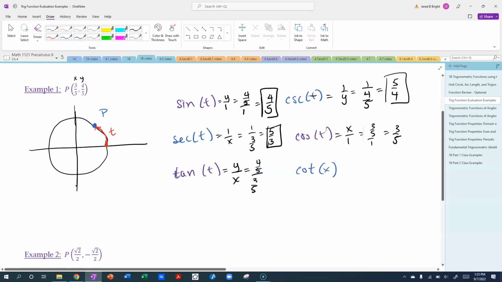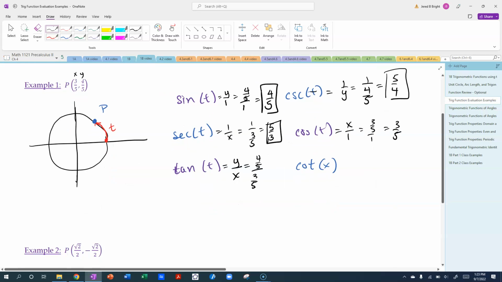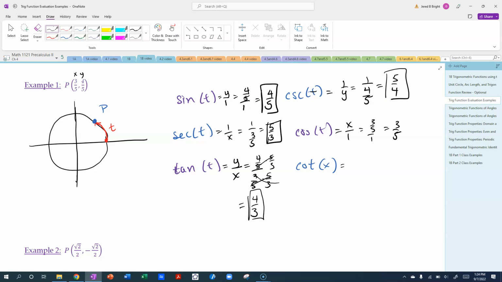And this one might be the one that takes the most work, only because you have a fraction divided by a fraction, so multiply by 5/3, multiply by the reciprocal, right? Those are going to reduce, and then that'll reduce. I'm left with 4/3. Cotangent, if you haven't picked up on the cofunctions by now, you can just take the reciprocal of the other function. So 3/4.